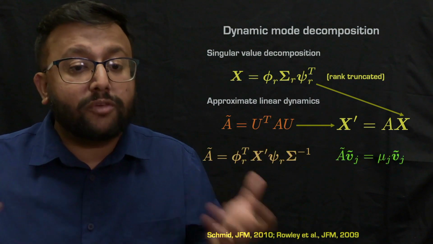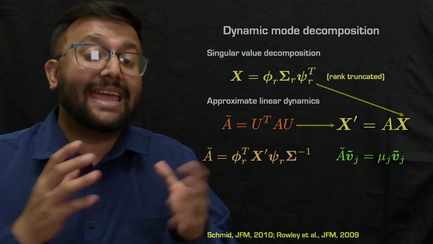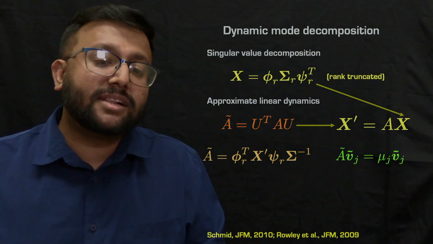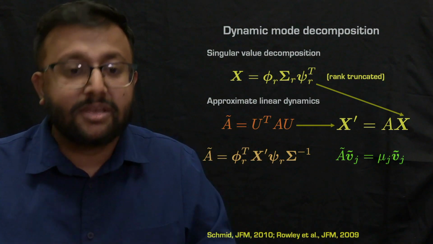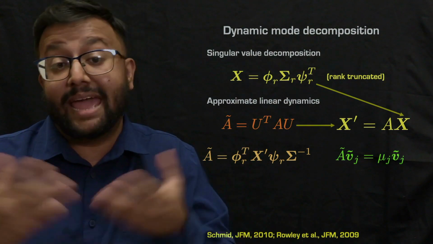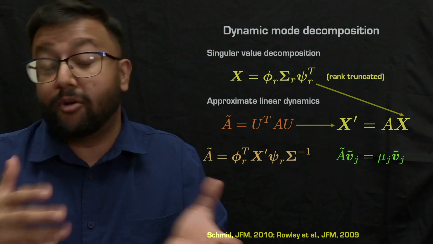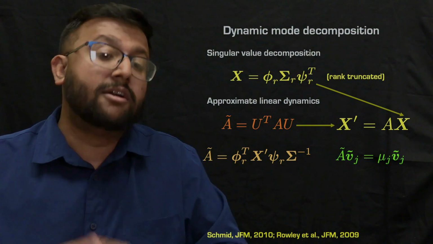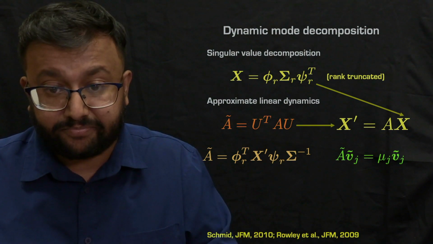And when we do both of these, we get a really nice representation for what A tilde is. A tilde is nothing but phi r transpose multiplied by x prime multiplied by the right singular vectors, CR, multiplied by the singular values raised to -1.